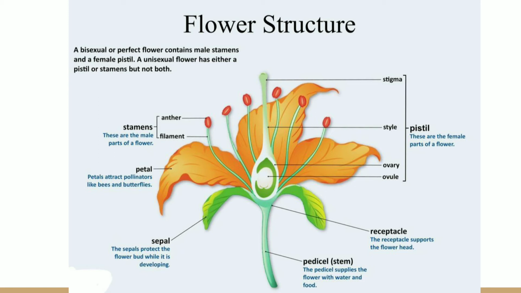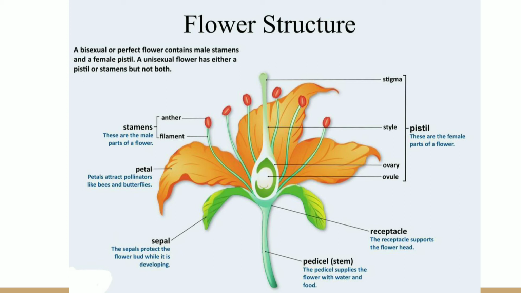These sepals are the green colored part of the flower which protect the inner whorls of the flower before it opens. That means when the flower is in bud condition, this outermost whorl, the calyx, which consists of sepals, protects the flower.